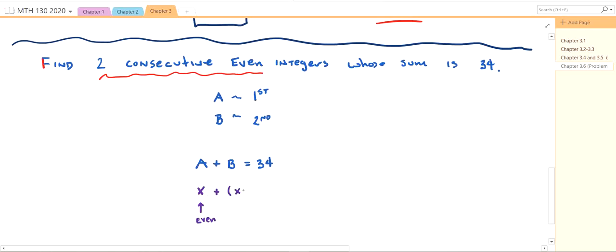But if I add 2 to it, that's the very next even integer. So whatever I put in here, if I add 2 to it, I will also get an even. So I had to kind of think about that and come up with something that worked. And all that, when I add these two together, so this is the first number. So a equals x, b equals x plus 2.